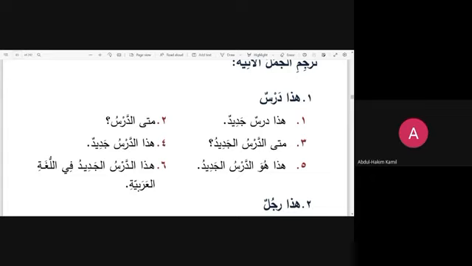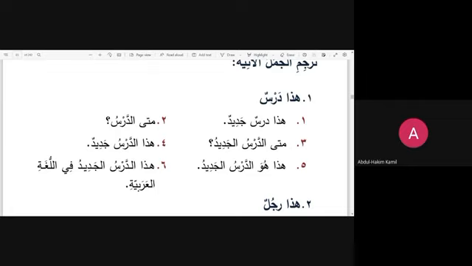What do we have here? Everything is ma'rifah. Hada is ma'rifah. Ad-dars is ma'rifah. Al-jadid is ma'rifah. But we want to separate between the subject and the predicate. So we come with this pronoun. What's the name of this pronoun? The pronoun of fasl. Fasl means to separate. We took these pronouns at the beginning.